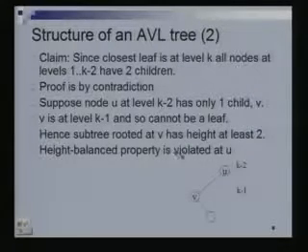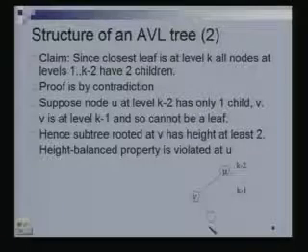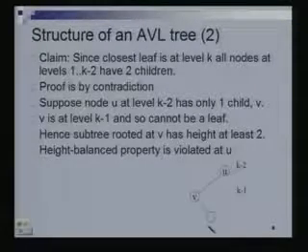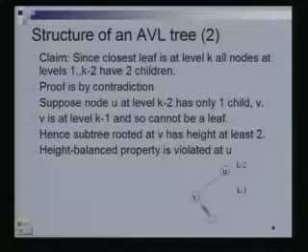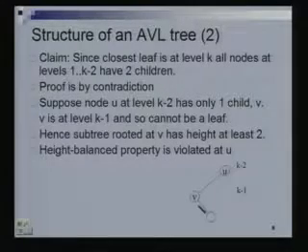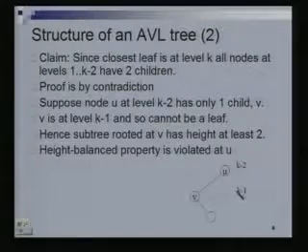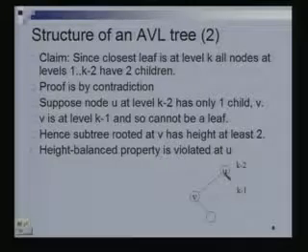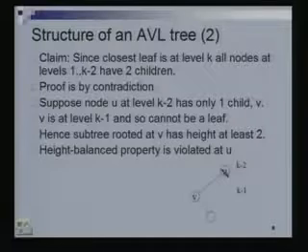Height balance property is very good. So the subtree rooted at v has height at least 2, because v has to have a child and cannot be a leaf, while the other subtree here has height 0 because there is nothing there. So you have a height imbalance at node u.